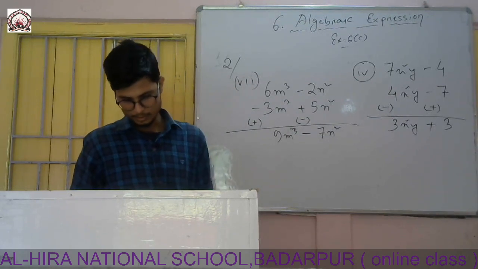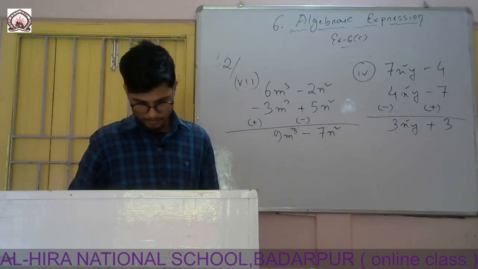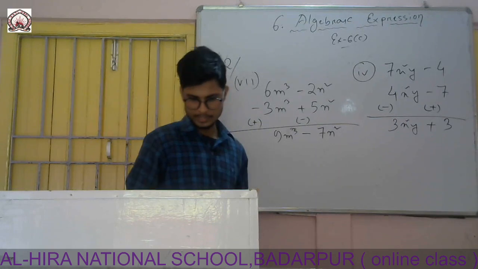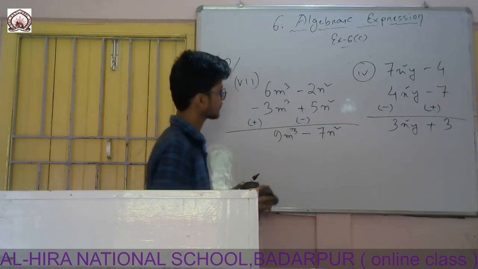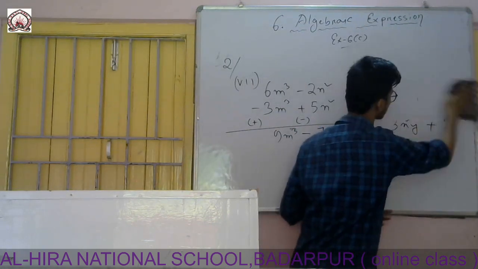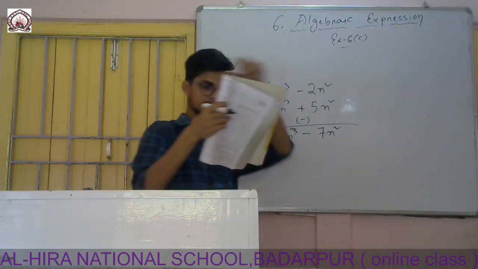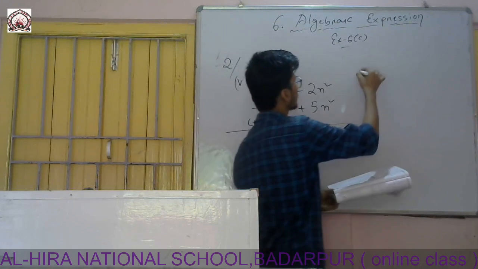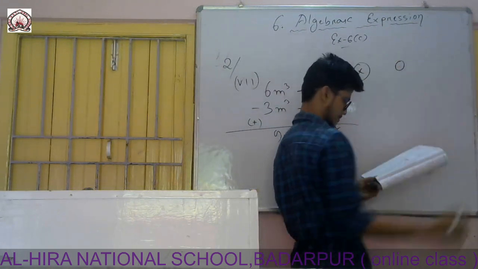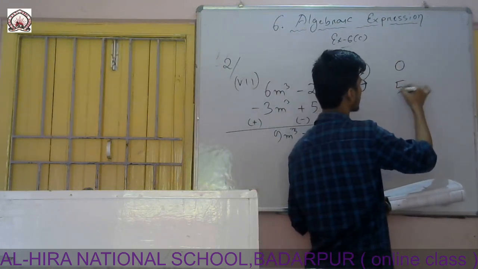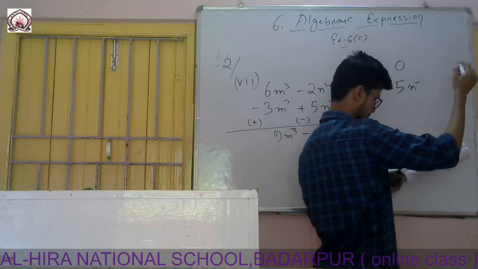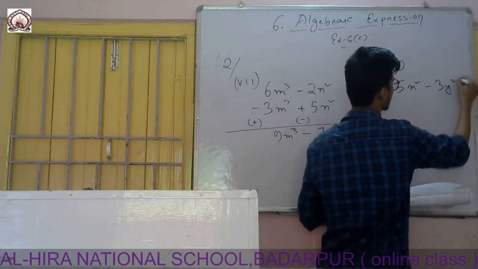Okay. So now, let me do Roman number 10. Roman number 10 is 0, and the lower part is given as 5x square minus 3y square.